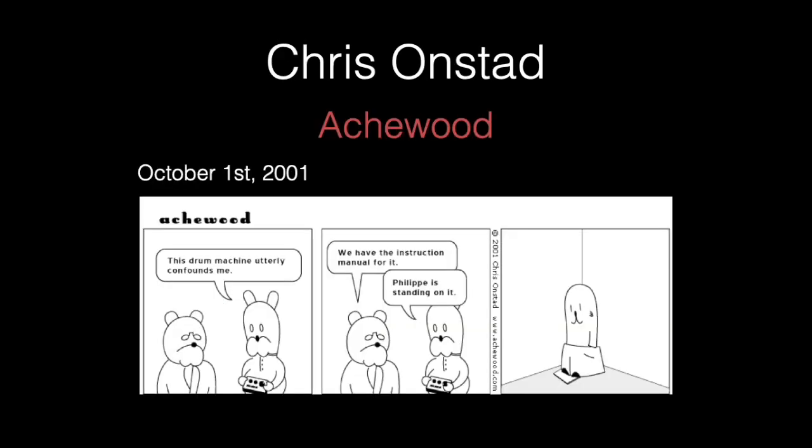One of the big hits in early online comics was Chris Onstad's Achewood, which first appeared on October 1st, 2001. It's a really extraordinary and ridiculous comic about these stuffed animals that have these sophisticated adult lives. And while it started out very simply and very humbly, it quickly grew into an online sensation.